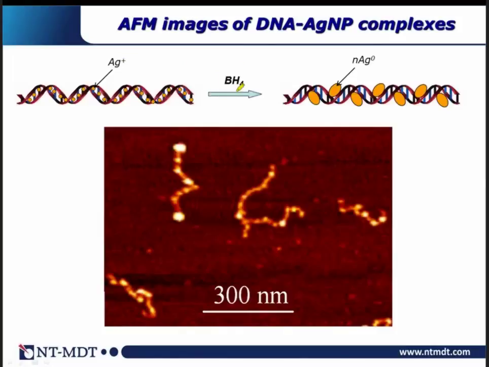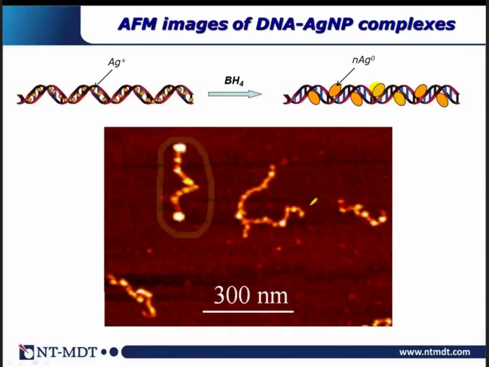When you add a source of electrons, for example a hydride, it delivers electrons to silver ions, and the silver ion becomes metal. So you see the formation of nanoparticles inside DNA, and you can easily see that this process occurs when you deposit the sample again and measure it by AFM. You can see these bright spots are small particles of different sizes, but this is just DNA acting as a template here.